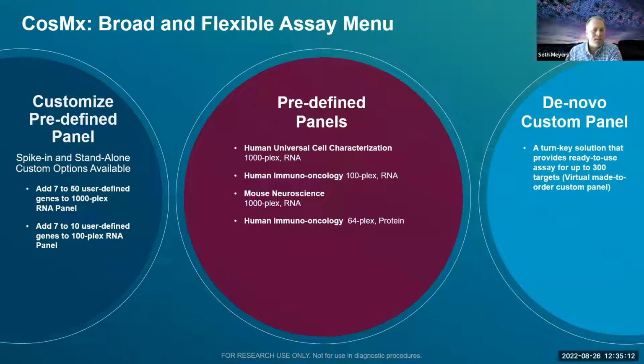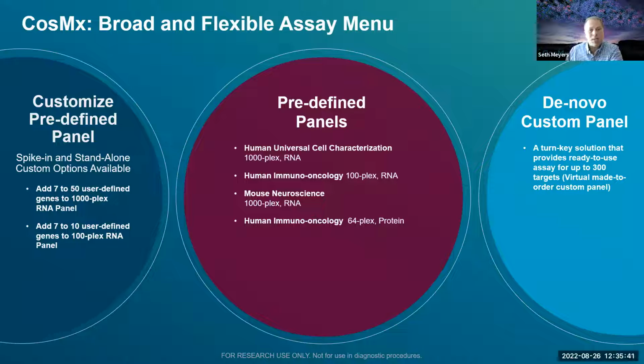Again, this is a 1,000 plex assay, the highest plex single cell spatial assay that's available. We also have a smaller 100 plex assay focused on immuno-oncology. We're just launching our mouse neuroscience 1,000 plex RNA panel, and also our 64 plex human immuno-oncology panel, with more mouse panels following suit as we get into the new year.